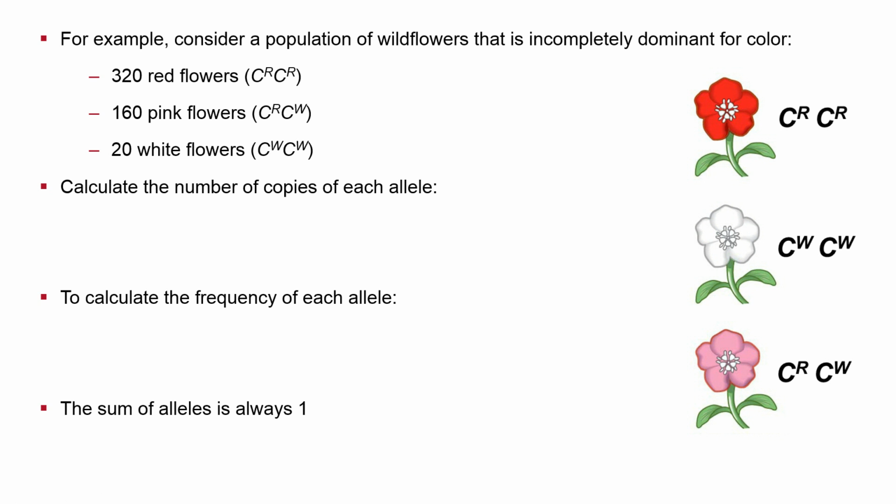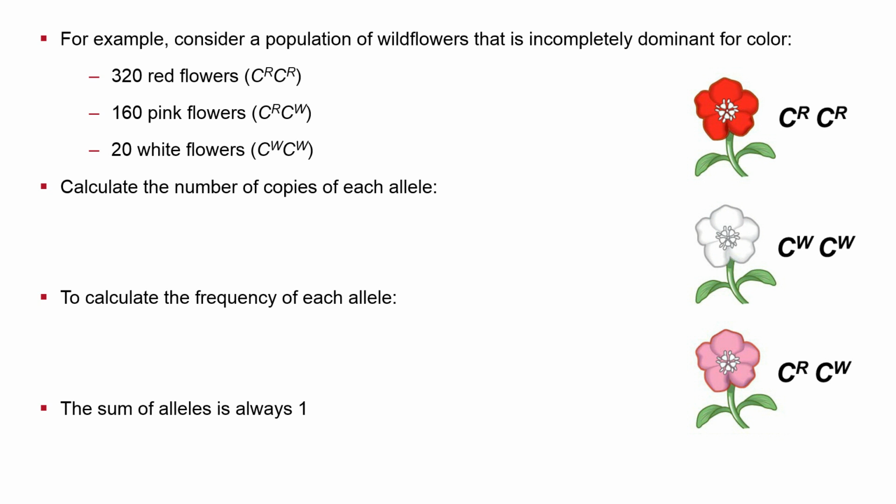Individuals with red flowers have 2 copies of the red allele. Individuals with white flowers have 2 copies of the white allele. Individuals with pink flowers have just 1 red, 1 white. Here, you have a reduced expression of the red allele, so that's why the flowers appear pink.